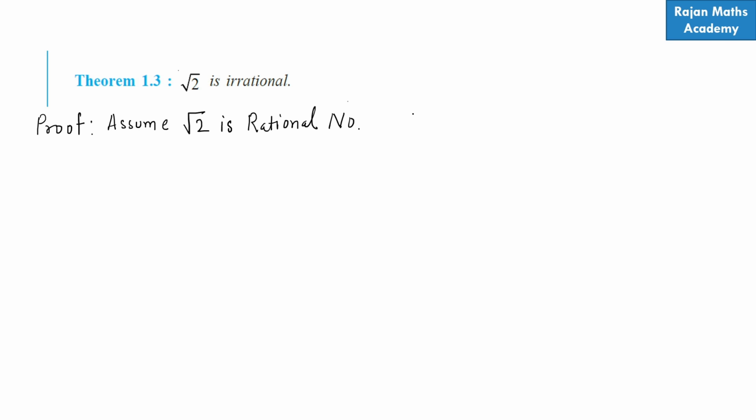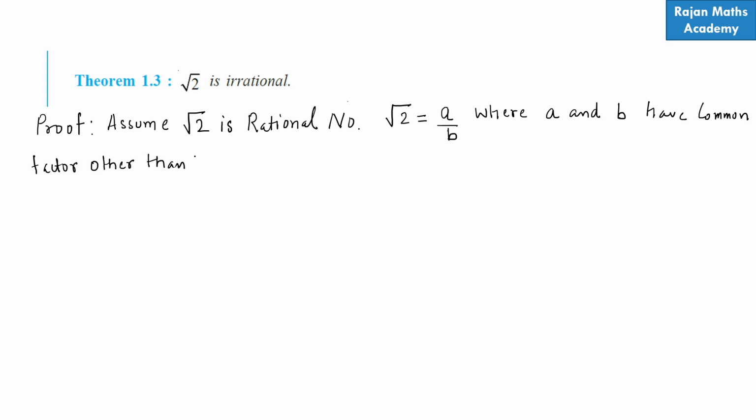As we assume root 2 is a rational number, so we can express root 2 as a ratio of a by b, where a and b have a common factor other than 1.